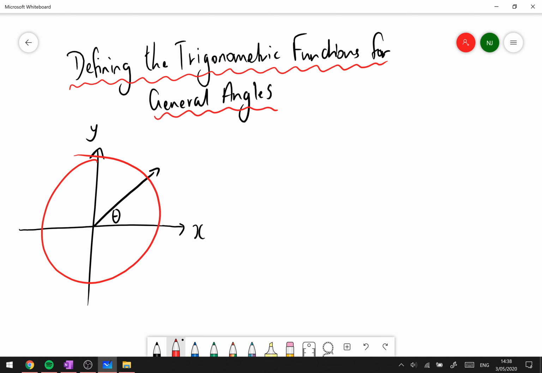So let's start off by drawing a circle. Here's our circle, and my ray intersects this circle at a point P. That can be any point. We don't know what it is, so we're going to define it as x and y.